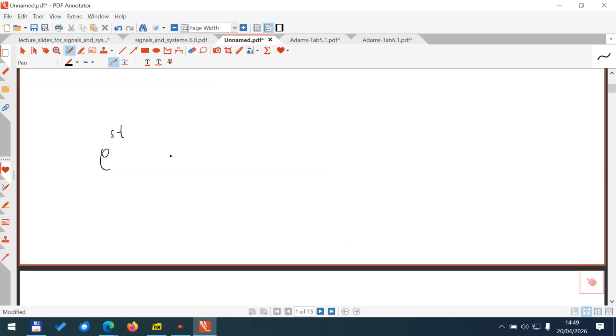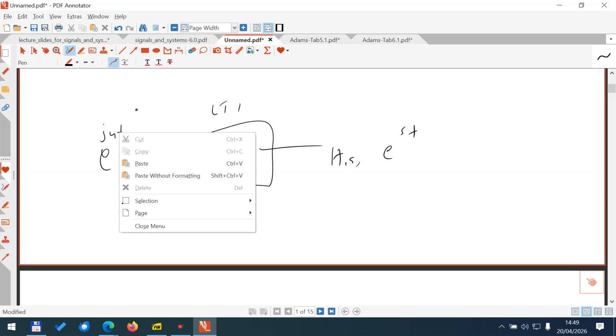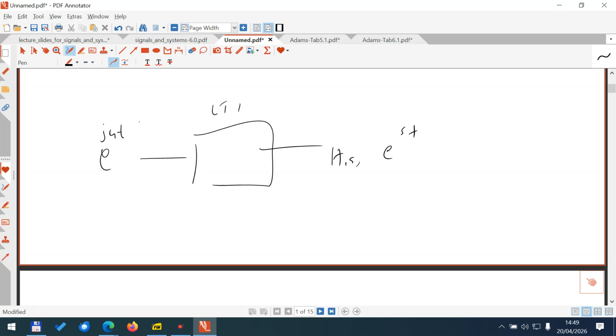It was the eigenfunction of LTI systems. So LTI appears there, and you can now replace this s with j omega if you want. In Fourier series you will have j k omega naught. They are all those eigenfunction things.